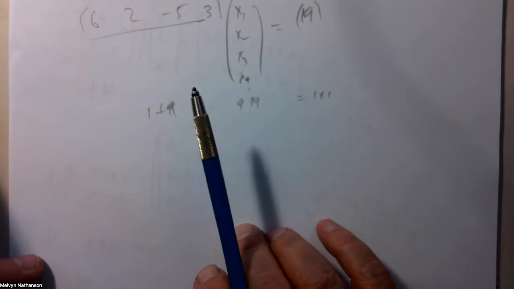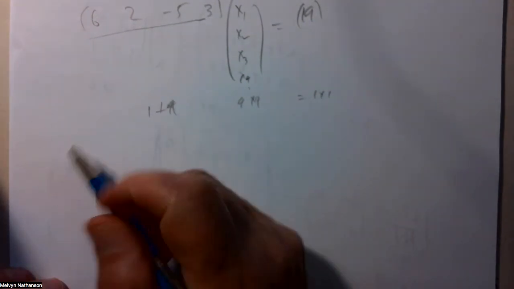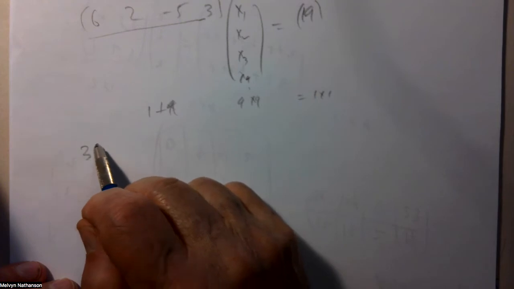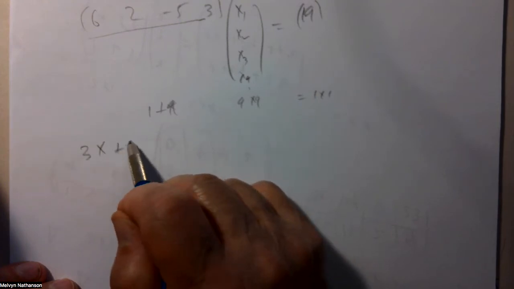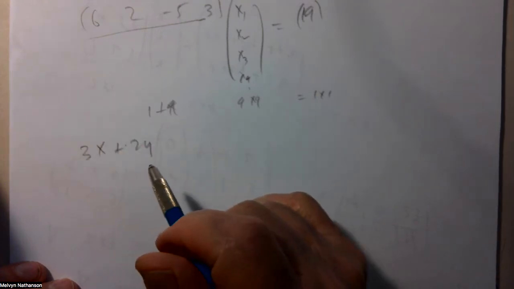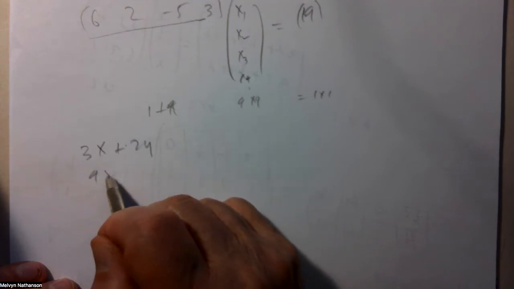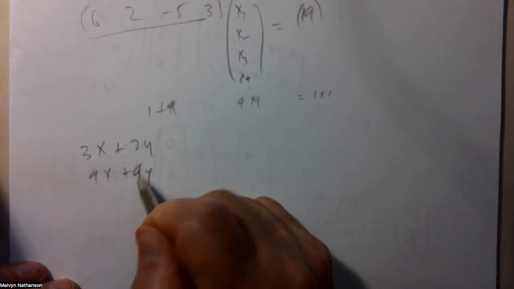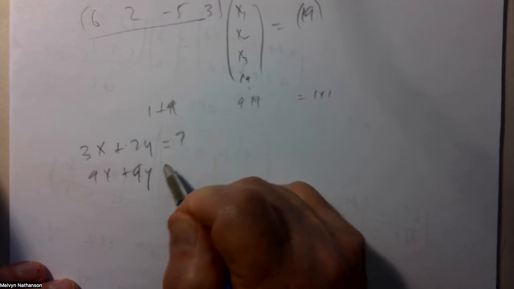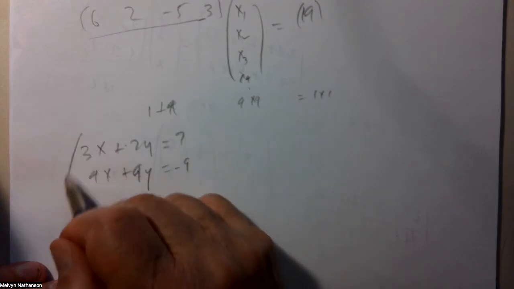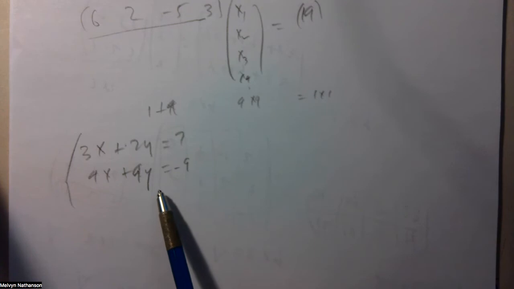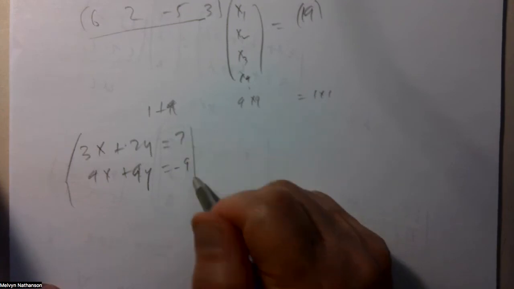So if you have something like 3x plus 2y equals 7, 4x plus 9y equals minus 9. Here we have a system of two equations and two variables.